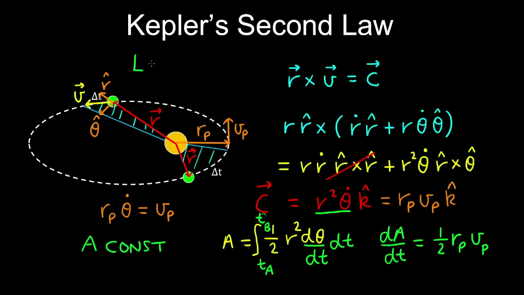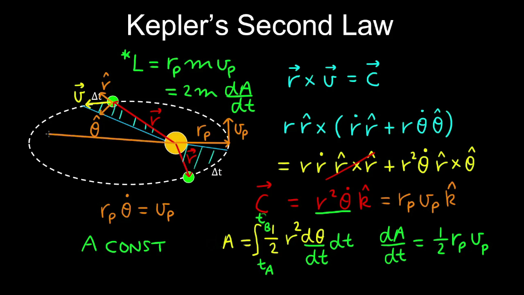And recall the angular momentum at perihelion was Rp by the mass of the planet by the speed at perihelion. So if we substitute for Rp Vp, we get 2m by dA/dt. So the angular momentum is also constant throughout the planet's orbit.